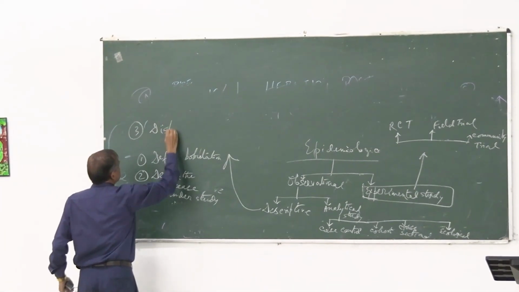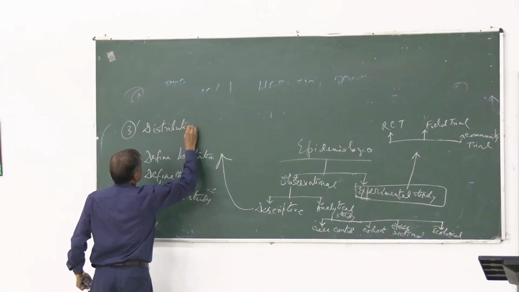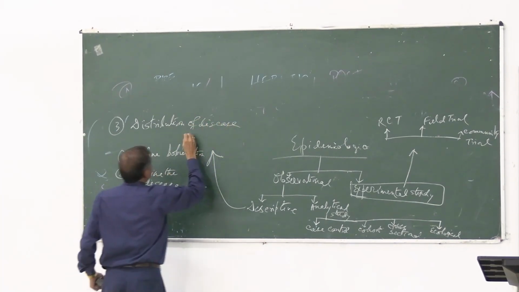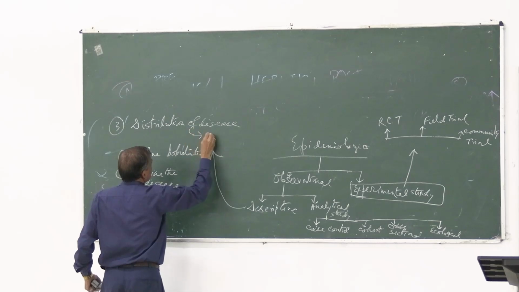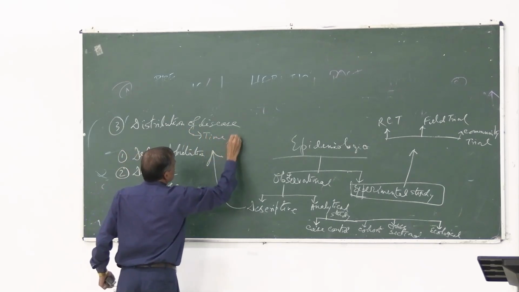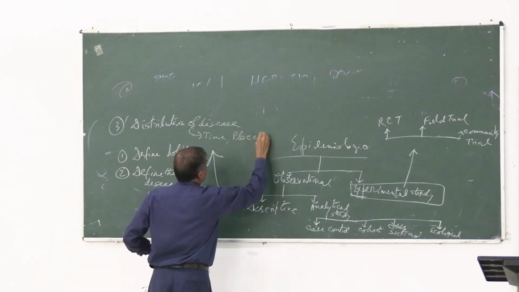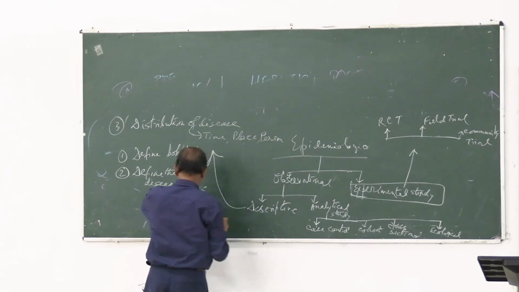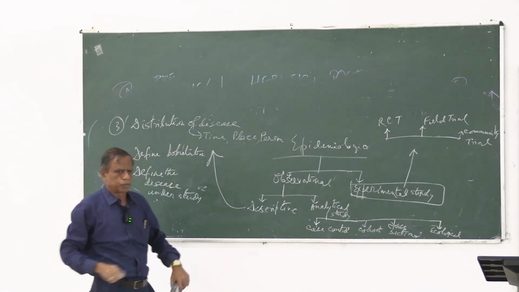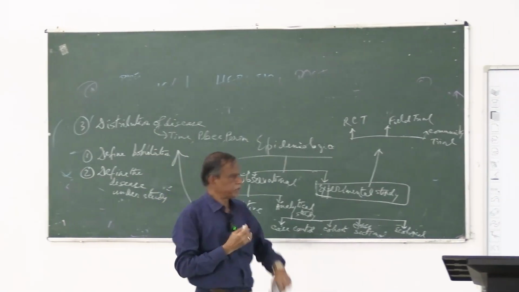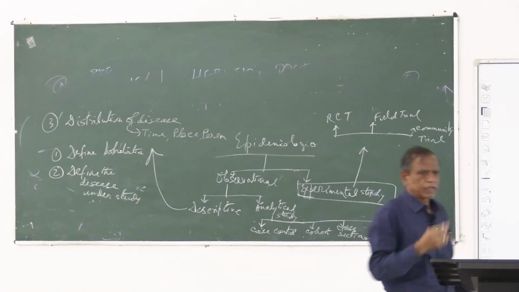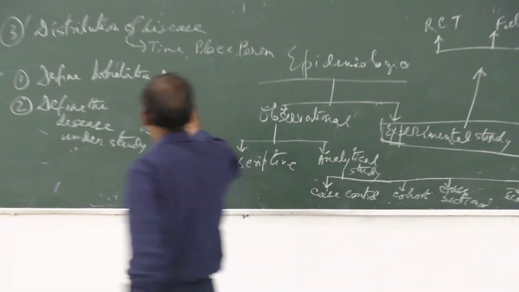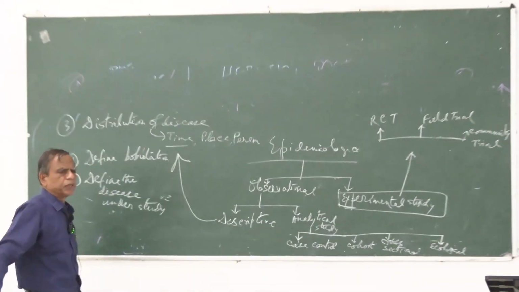Next is distribution of the disease in respect of time, place and person. First of all, time distribution.